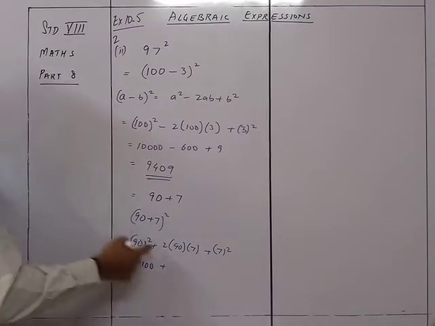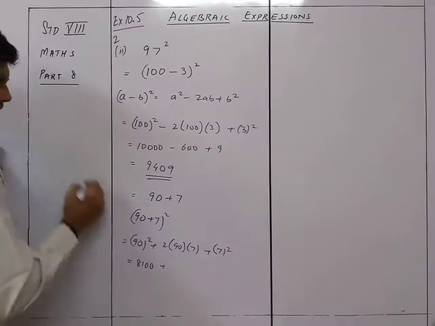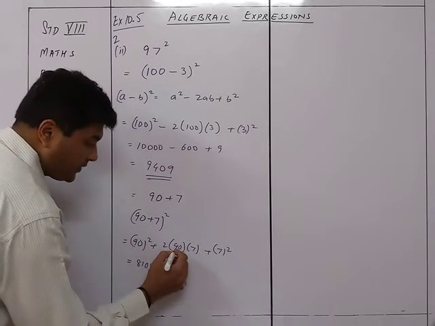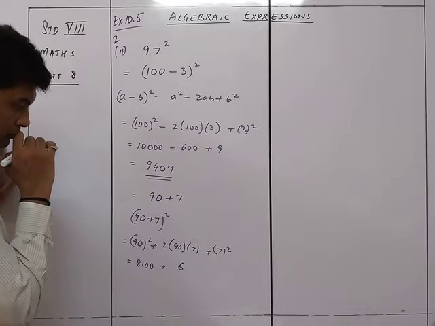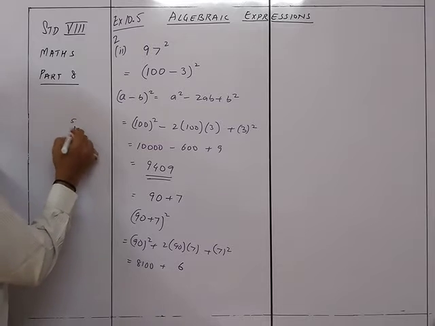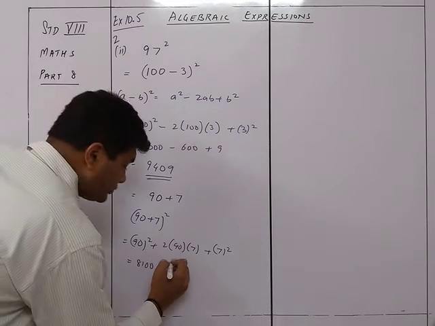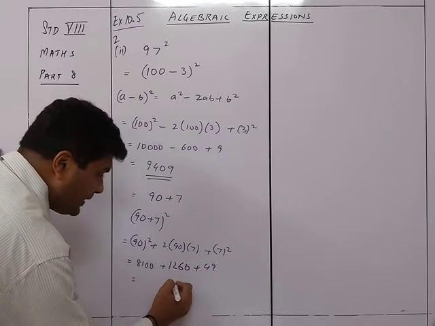Anyway, you can check it out. So 18 into 7, 756 and 7, 12, 126. So 1260 plus 49.